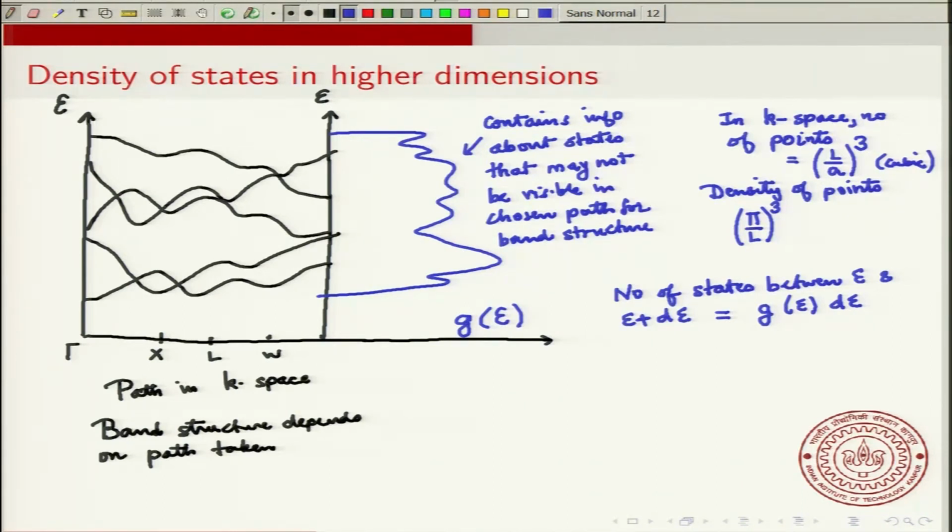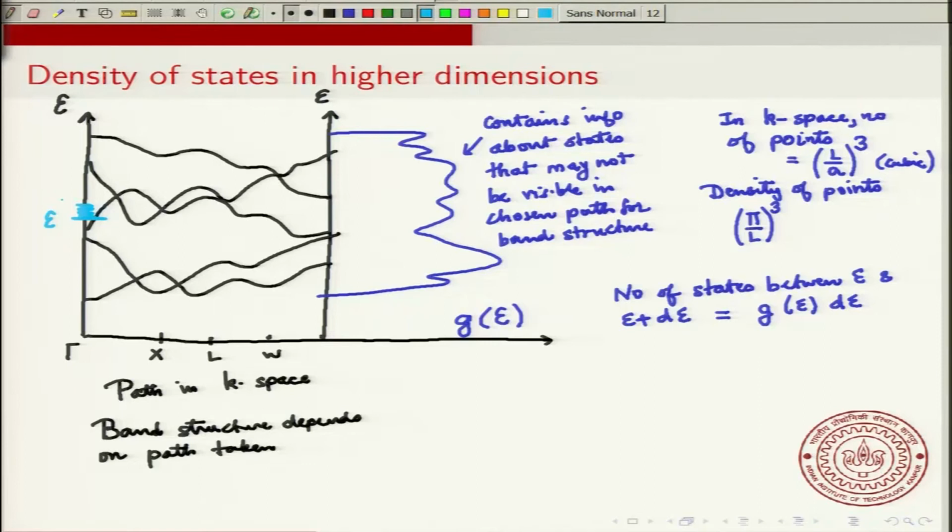And now what you will see is that if you want the density of states at any point, then you have to consider one small region around that energy. So, suppose I want the density of states at this energy, let us say this is my E, then I basically consider a small shell around this.